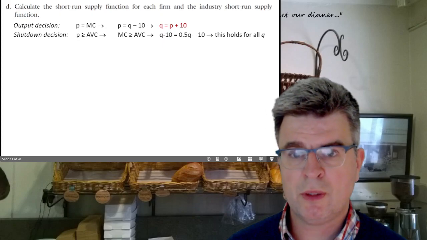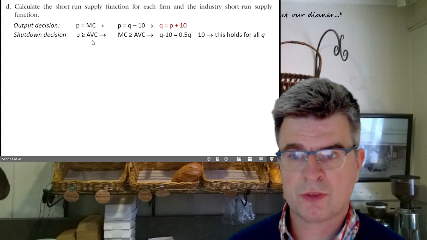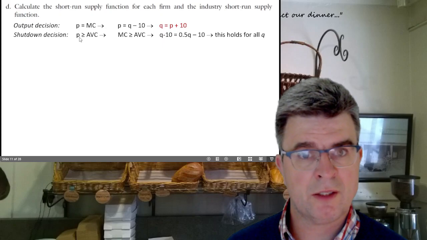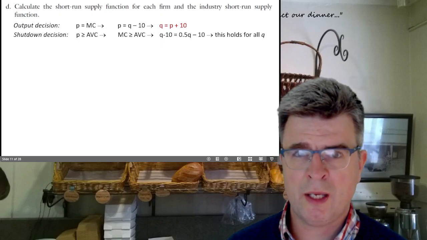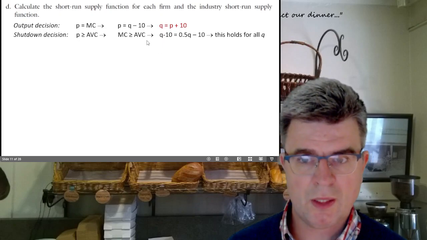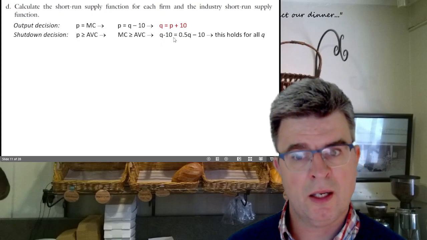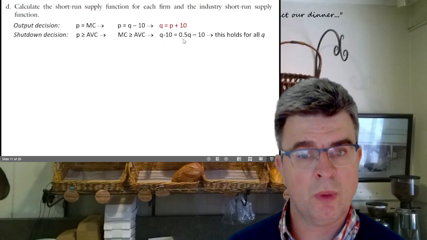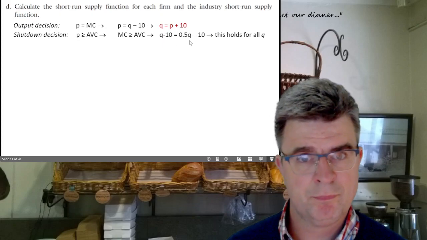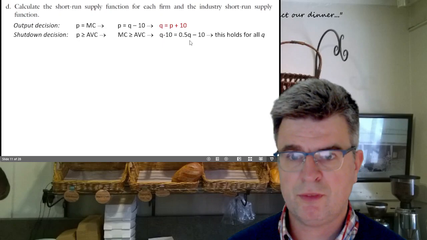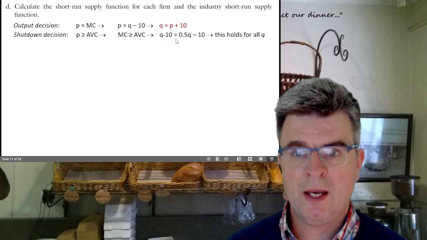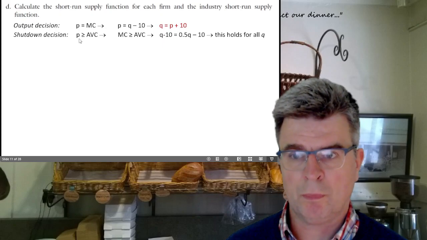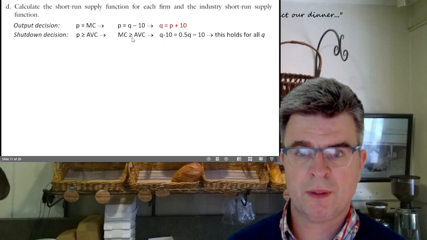It only recoups part or all of the fixed cost if the price that it receives is at least identical to the average variable cost. The average variable cost is equal to 0.5Q minus 10. Look at the graph from the previous slide. Marginal cost is equal to Q minus 10, and marginal cost or price should exceed average variable cost.